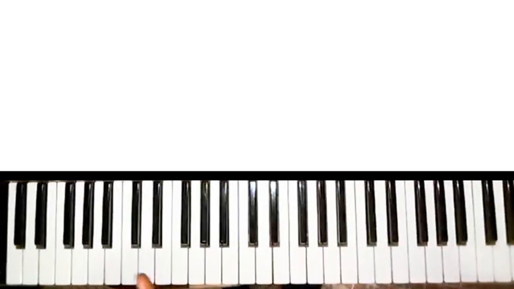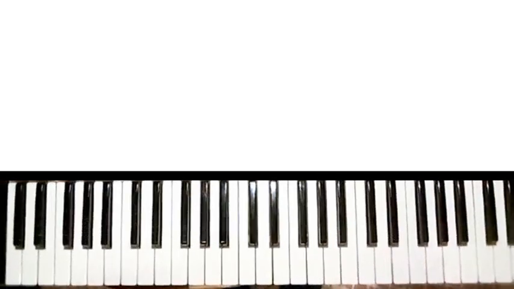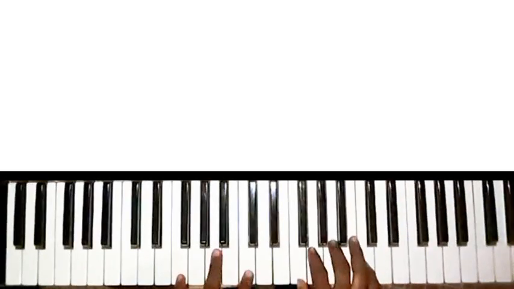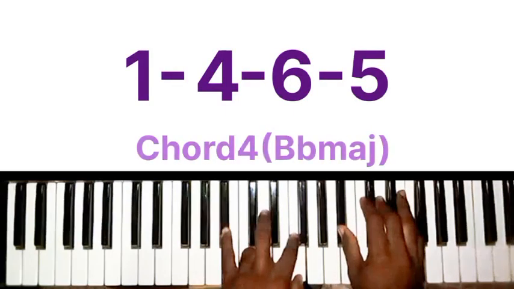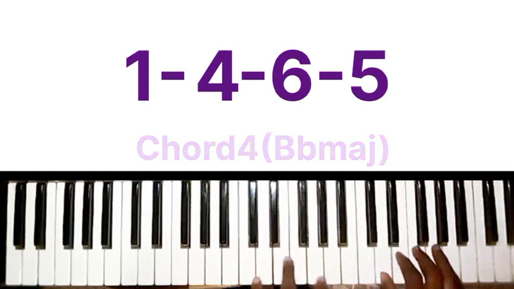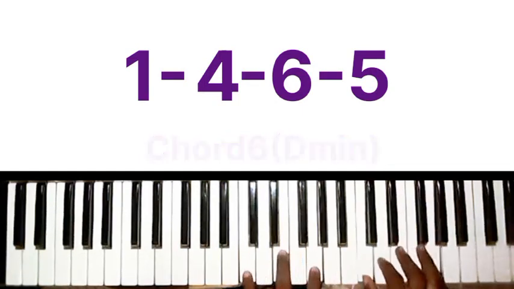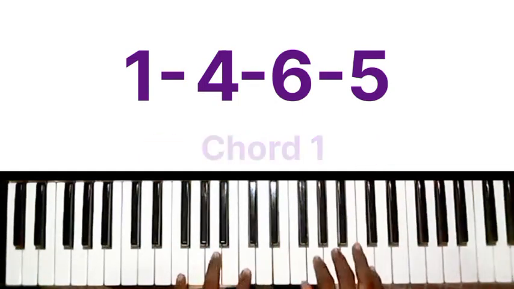So for instance, maybe we are in the key of F major, this is the scale. Let's say we have a progression from the 1 to the 4 to the 6 to the 5, okay, something like this.